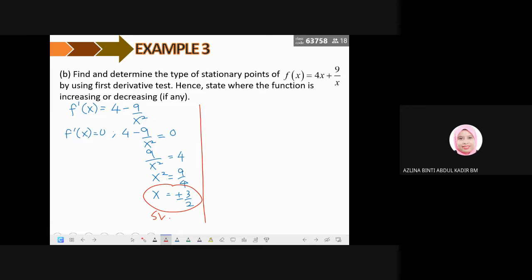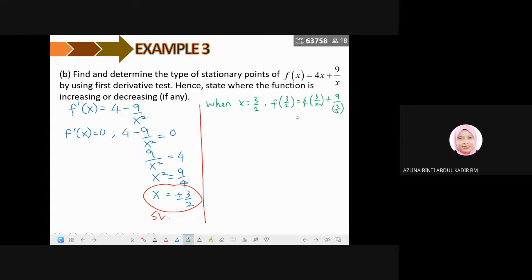You must find them. When x equals 3 over 2, f(x), remember f(x) is y. We want to find y. So f, this is not f prime, of x equals 4 times 3 over 2 plus 9 over 3 over 2.